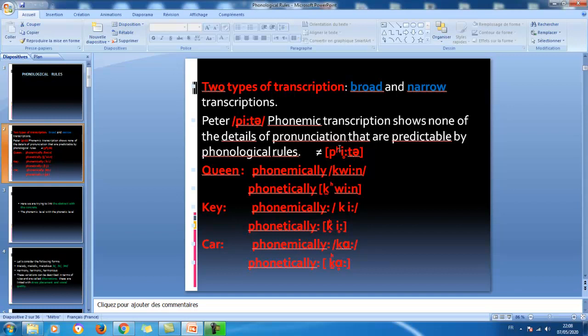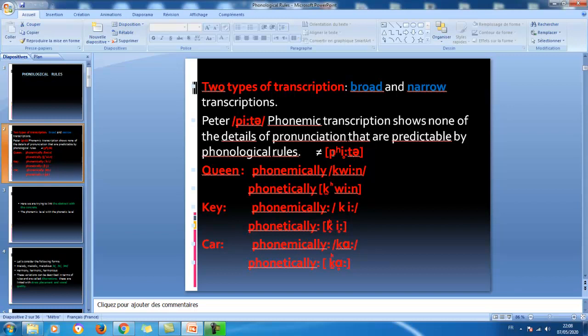For example, this small h after p means that this voiceless stop is aspirated. Now, a small circle below the vowel e shows that it's going to be devoiced. So it's going to be partially voiceless, just because it's found after an aspirated stop.